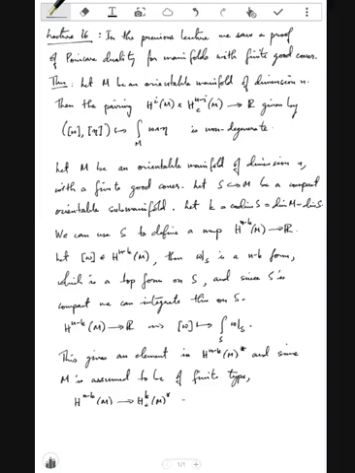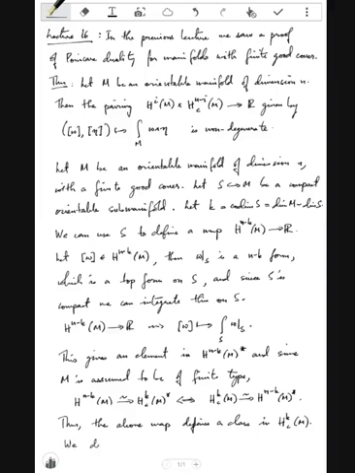So taking dual of this, we get H^k_c(M) to H^(n-k)(M) dual. So there's an isomorphism. Thus, the above map defines a class in H^k_c(M). So we denote this class by eta_S.